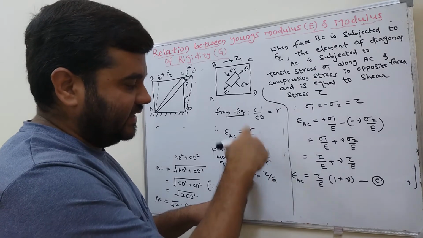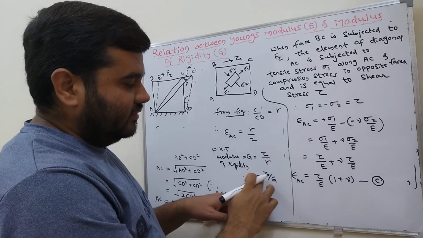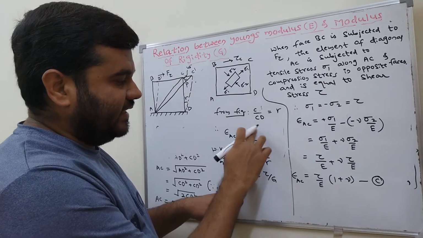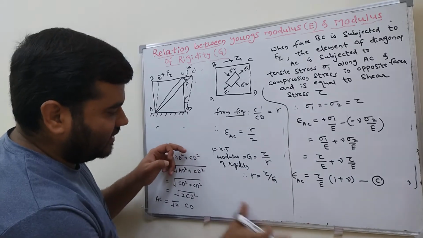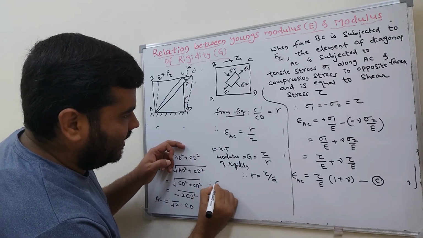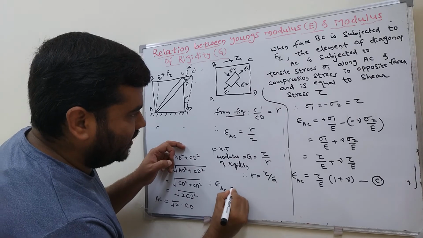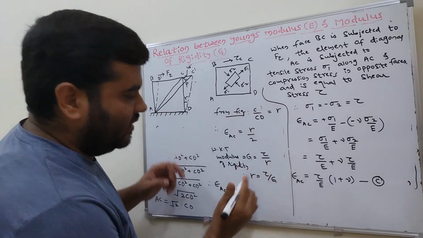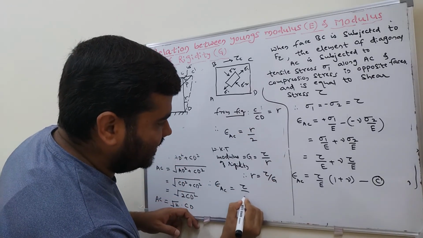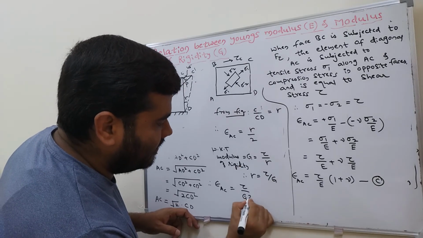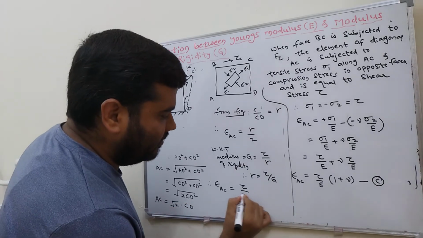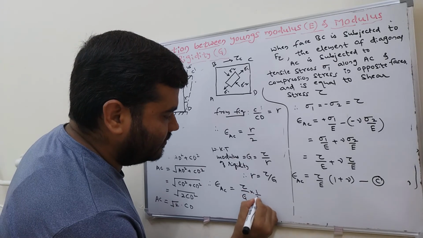I am still simplifying here. Substitute this shear strain here. Therefore strain in AC equals shear strain, tau by G, divided by 2, that is into 1 by 2.